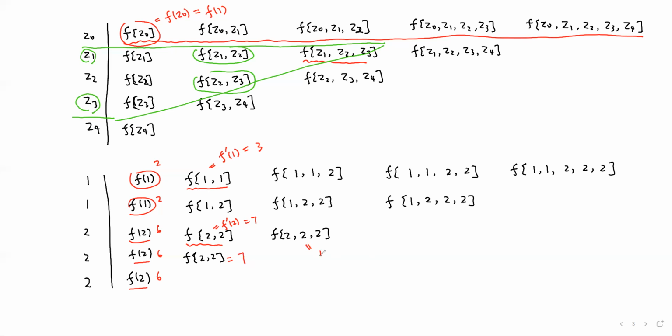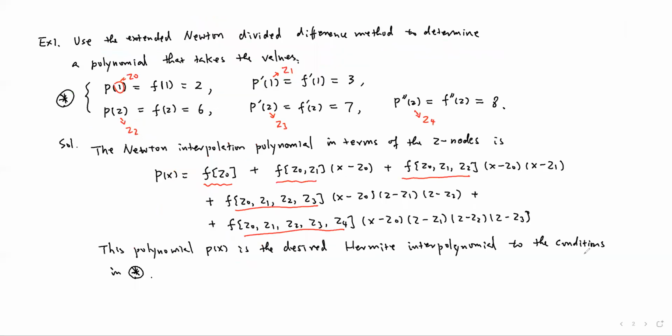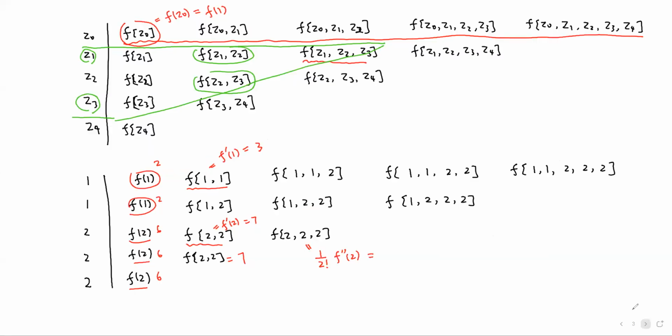The second derivative at 2 is equal to 8. So this number is 1 over 2 factorial times 8. It is 4. Yeah, this entry is 4.